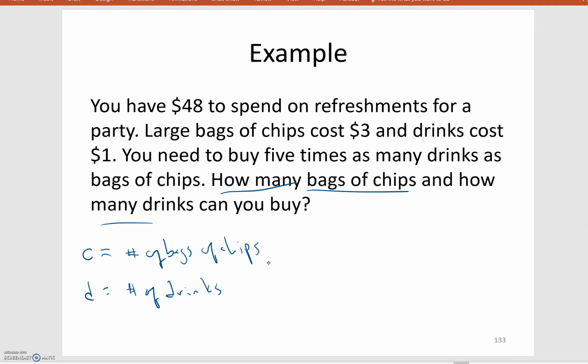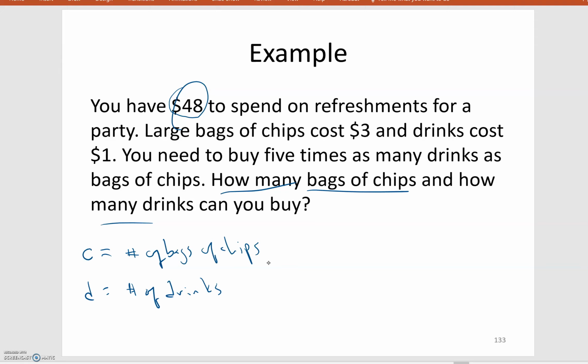Now this problem is a little bit different because I'm given a different type of information. I don't have a total amount equation that I can write. I can't write C plus D equals anything, right? If I wrote C plus D equaled something, that would be all the bags of chips and all the drinks, my total number of stuff, but I don't have any information on that. What I do have as a total information statement is this: I have $48 total that I can spend.